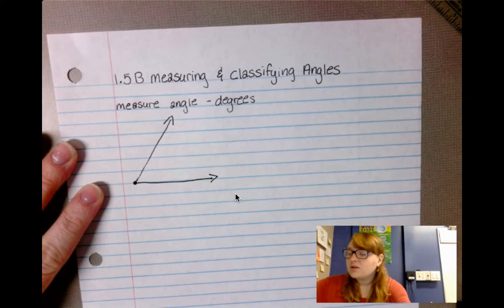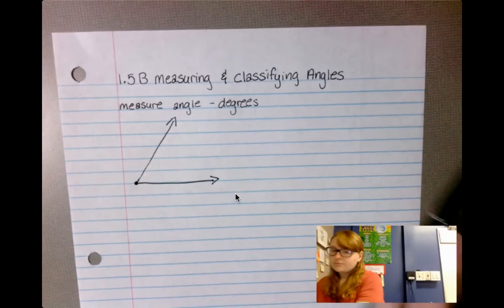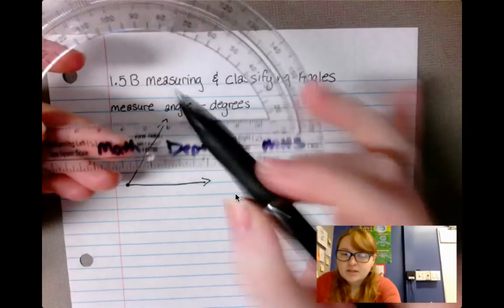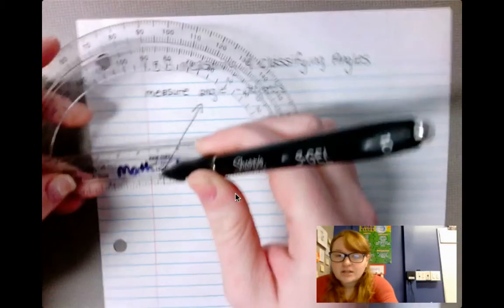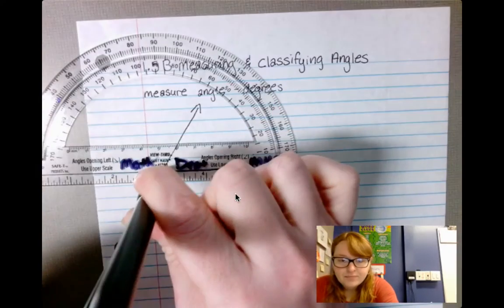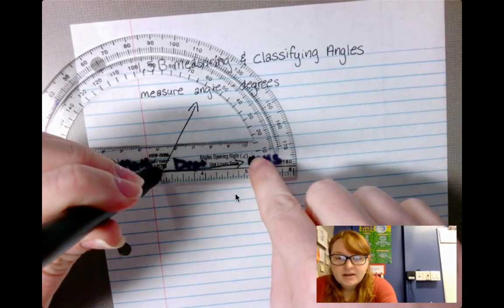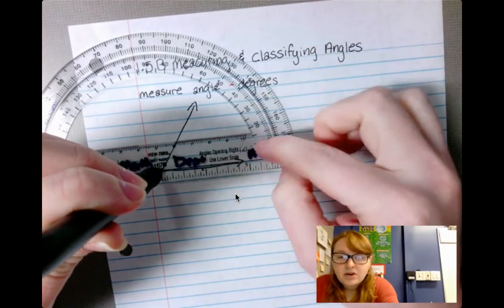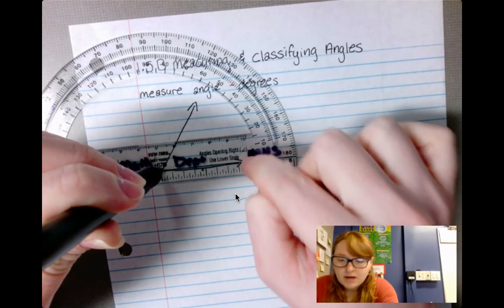Okay, so what we are going to do is on the protractor, there is a small dot way down here. We are going to put that dot on the vertex. Since the bottom ray is on the right side, we are going to use the inner ring because it's going to count up from the bottom ray.